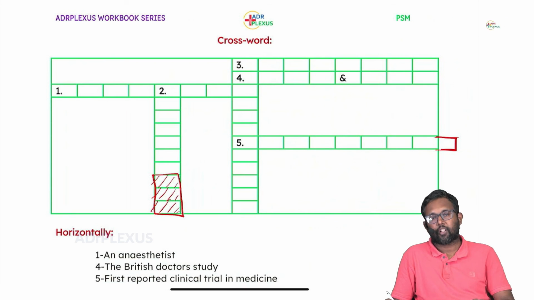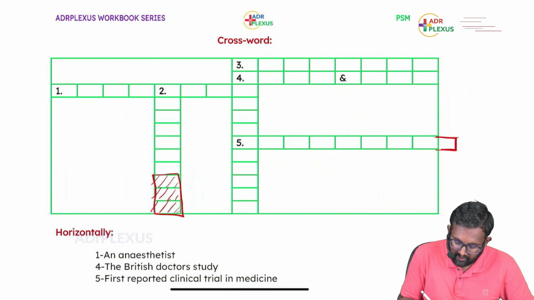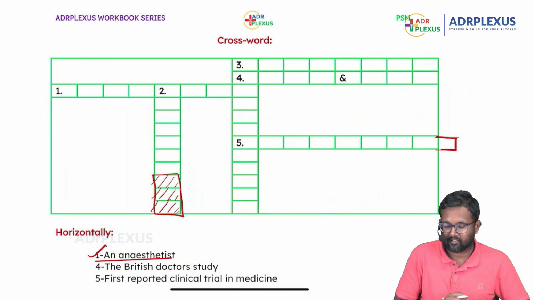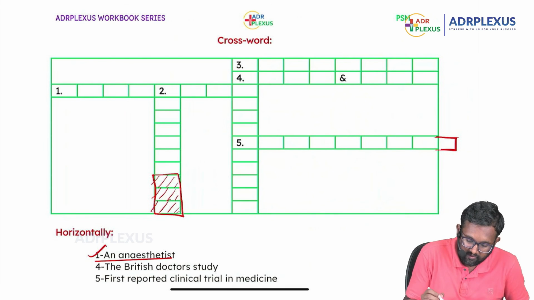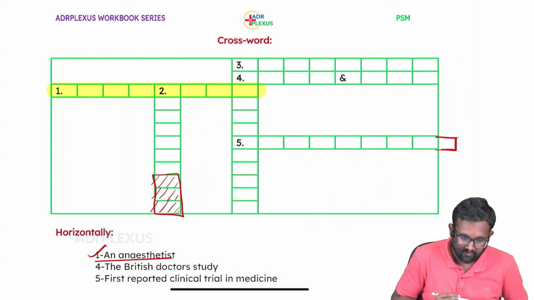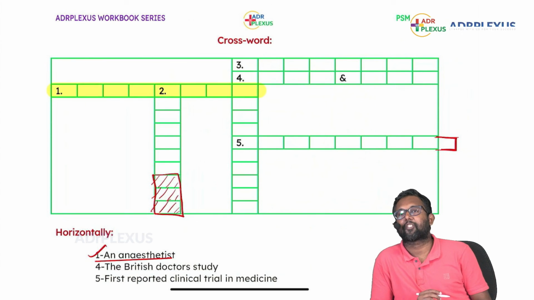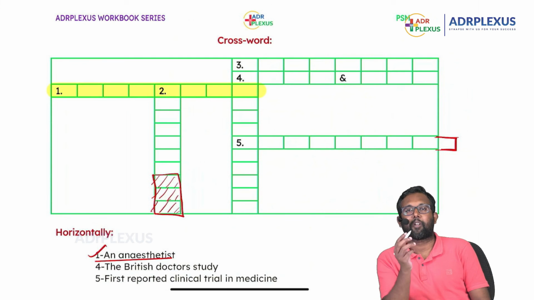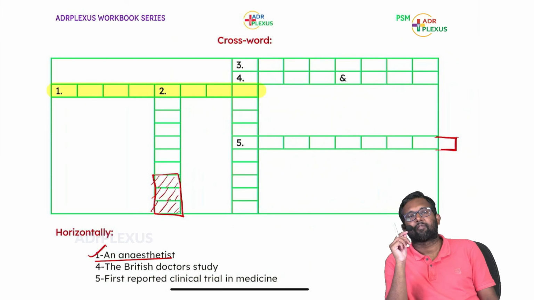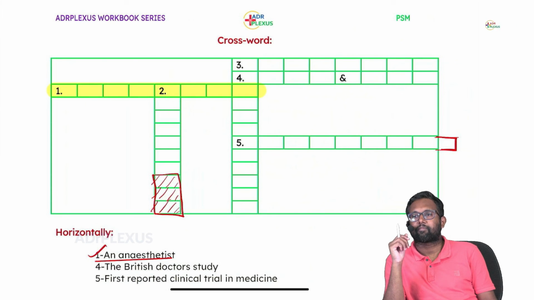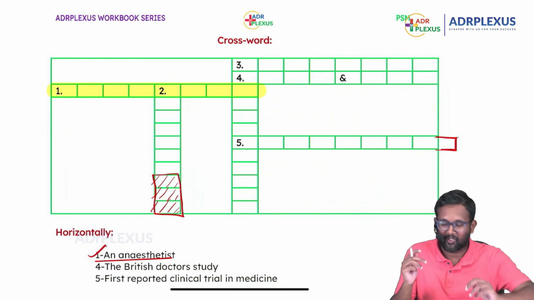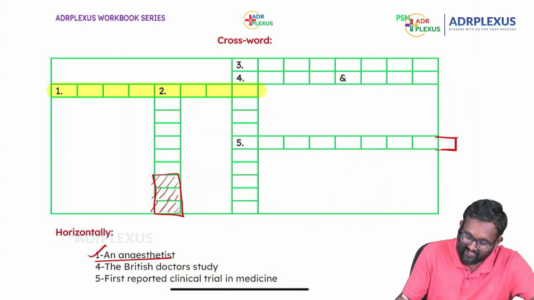Now, first horizontally, an anesthetist. Who is an anesthetist? You know this. He was an anesthetist, but he is famous in community medicine because of one discovery. Yes, good. You got it right. Very good, guys.